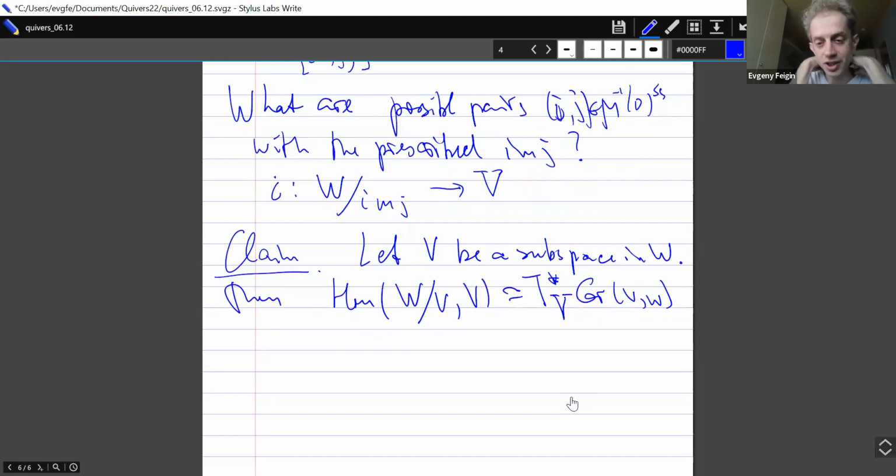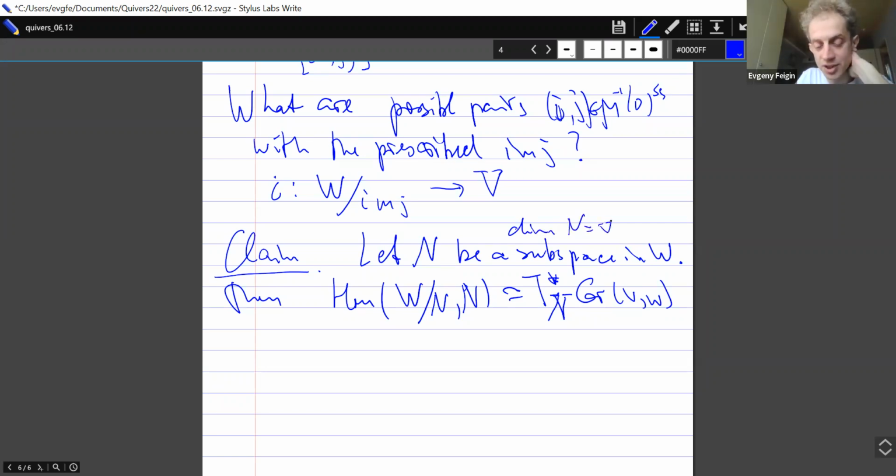Our V here plays the role of, maybe I should put N here, not to mix it with the V we had before. So N is a subspace in V, and the dimension of N is small v.